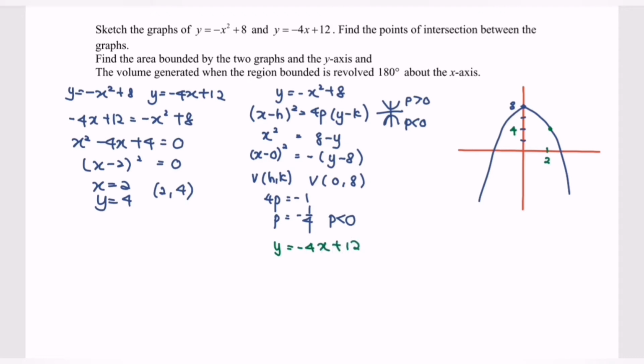When x equals 0, y will be equal to 12. So the coordinate will be (0, 12). When y equals 0, x will be equal to 3. So we have the location (3, 0). So kindly sketch the graph. So we have 8 over here, 10 and then 12.